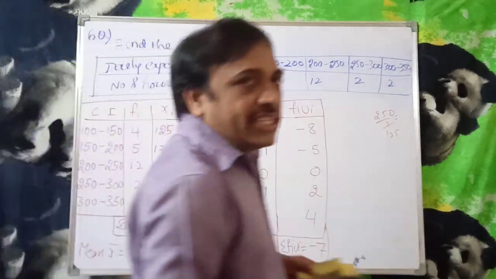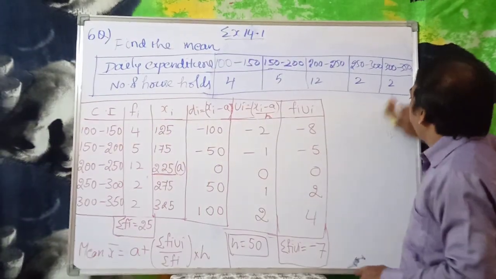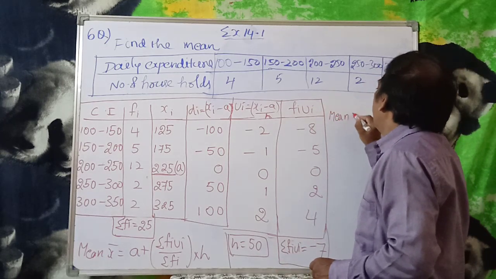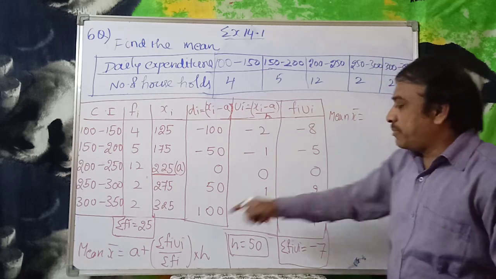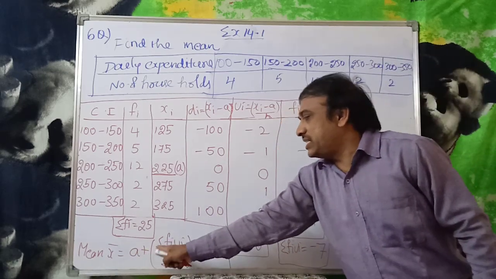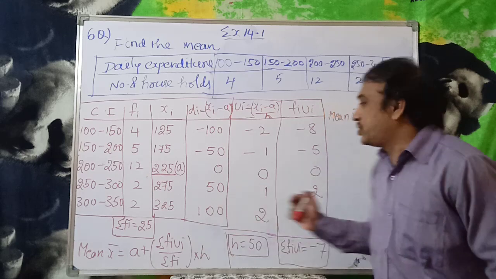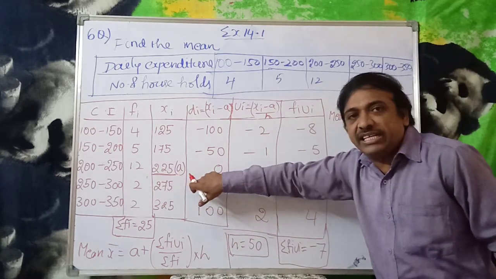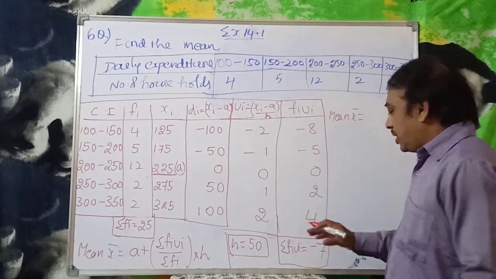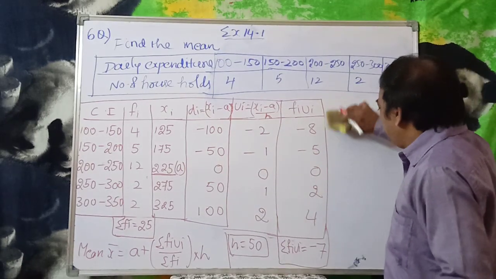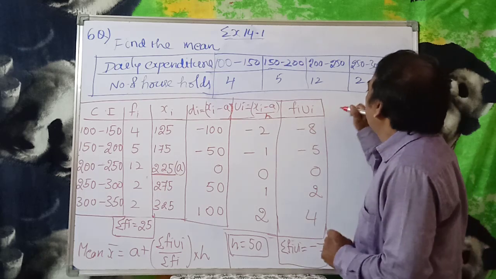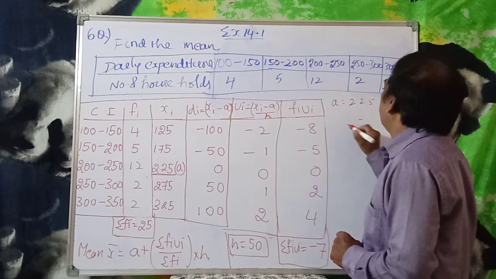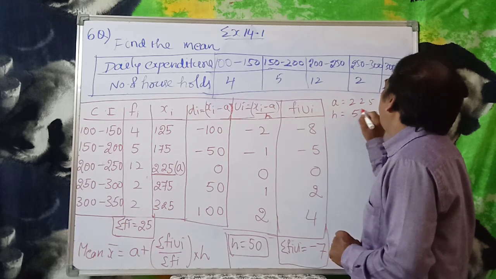So if you substitute these values in this formula, mean x bar is equal to a plus sigma Fi ui by sigma Fi into h. What is the a value? You assumed in the table 225. So I'll write down all the values. First, a is equal to 225. h is equal to 50, the class size.